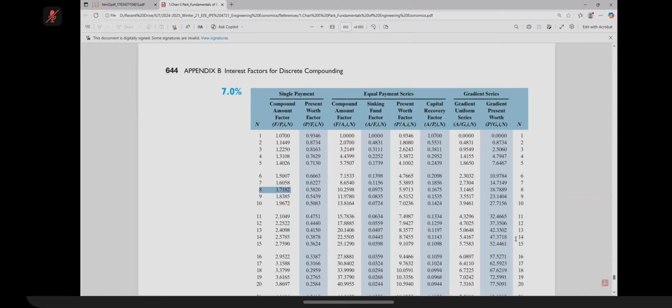You will just get the F value in the case of the compound amount factor, corresponding to the 7% I value and capital N of 8: 1.7182. And if it is a present worth value, then you will get this one. Similarly, please remember 1.7182.